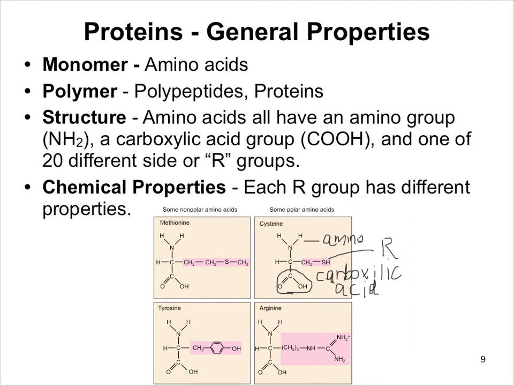They can be big, they can be small. This is what allows proteins to have so much usefulness, so much variety inside of the body: there's 20 different chemical properties that can be attached to these different R groups, and that's what gives proteins all of their power.